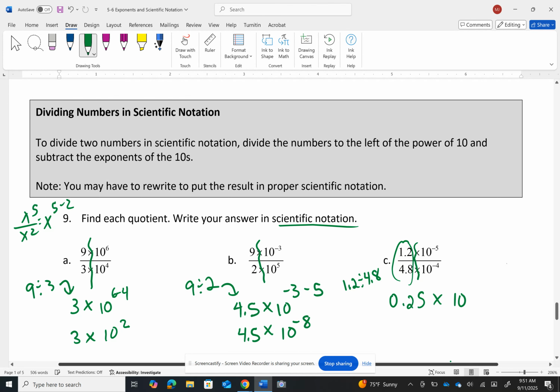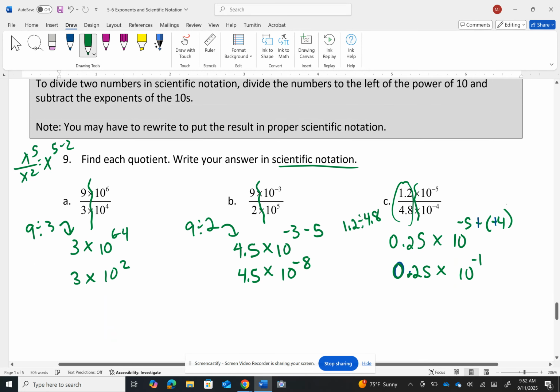Then you go over here and you take the top exponent minus the bottom one. Be careful, we got minus a negative 4. So remember that's negative 5 plus 4. So that's going to be 10 to the negative 1 power times that 0.25.